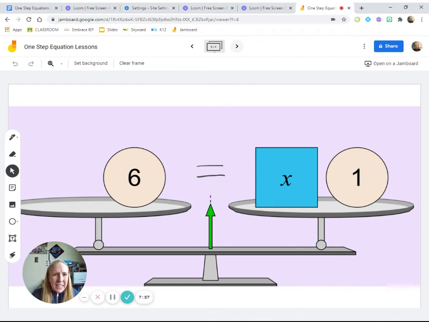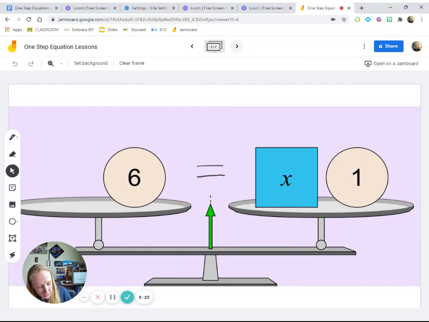So how many more would I need from 1 to make it equal to 6? Well, if this side has just 1 and I need it to be equal to 6, it would be 1, 2, 3, 4, 5, 6. Right? So let's write the equation and check and see what we think then.